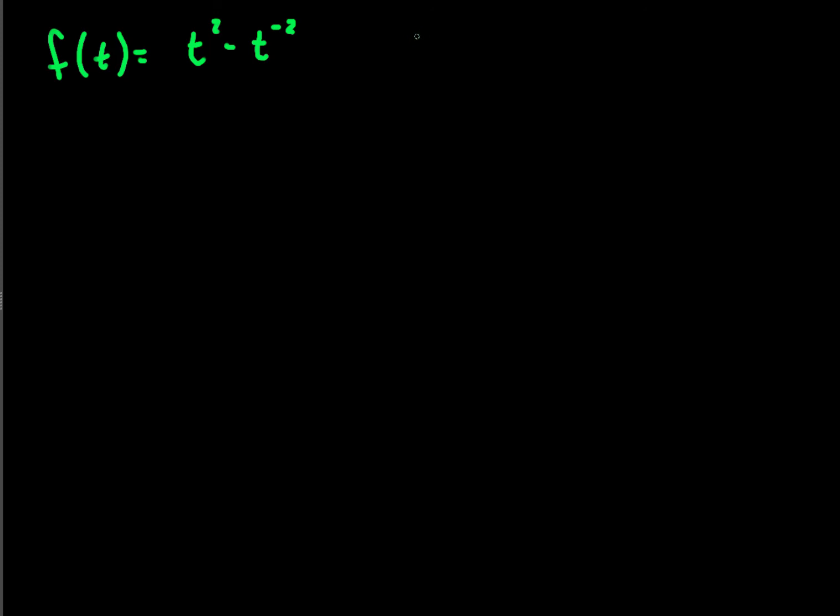So my guess, and I'm just going to kind of blindly do this. I know, again, power rule says that the exponent decreases by 1 in derivatives. So if I'm going to anti-differentiate, I'm going to do just the opposite. I'm going to add. So this would be t cubed. And same here, I'm going to add. So minus t to the minus 1.